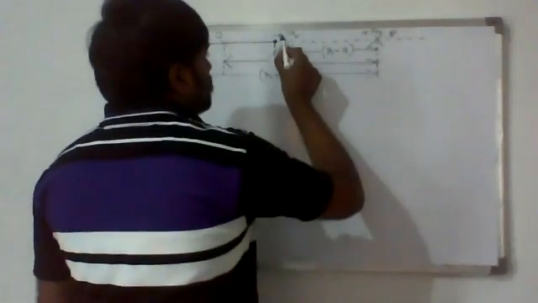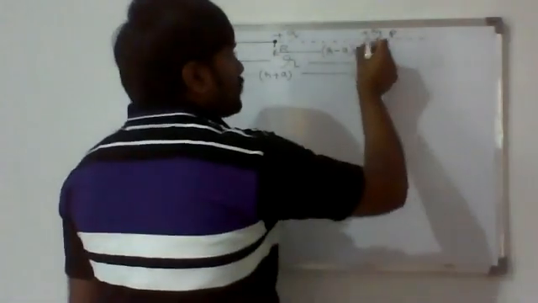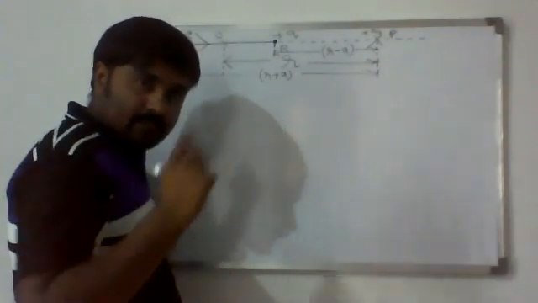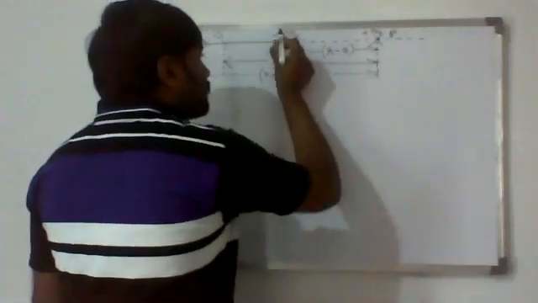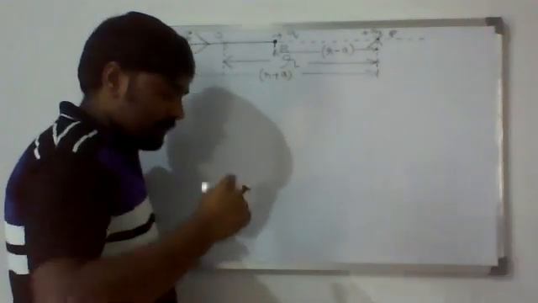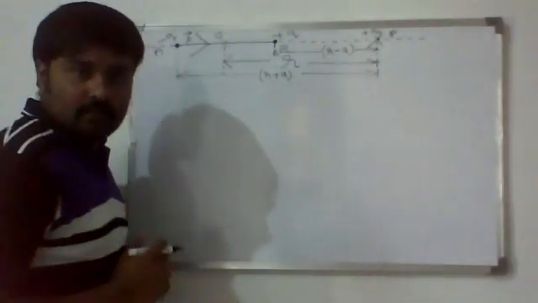So due to plus Q, what happens? Plus Q naught will experience repulsive force. That is actually electric intensity at this point P due to plus Q. While calculating one electric field, we just ignore the presence of other point charges.